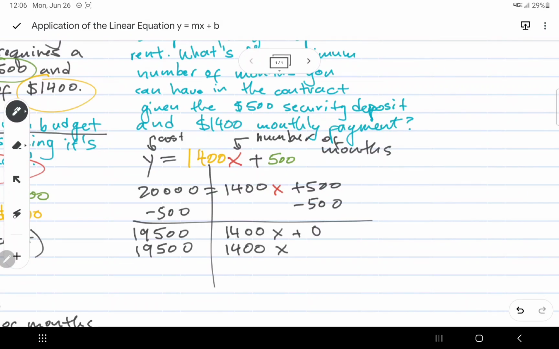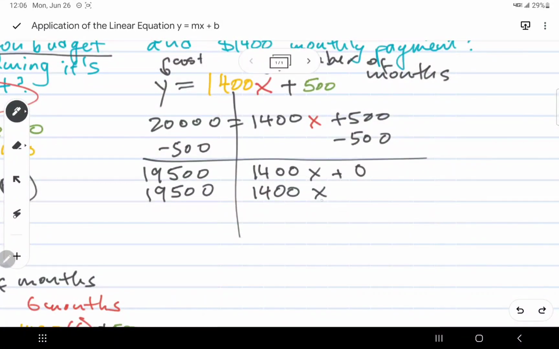Now the goal here is to isolate X, make X by itself. Right now, X is being multiplied by 1400. So we will divide this side by 1400 because the opposite of multiplication is division. And remember, whatever you do on this right side, you also do on the other side. So we divide this by $1,400 as well.